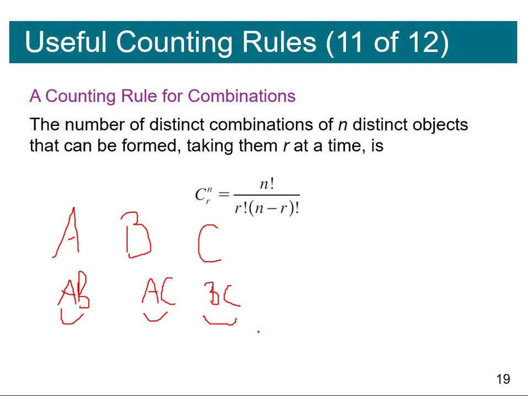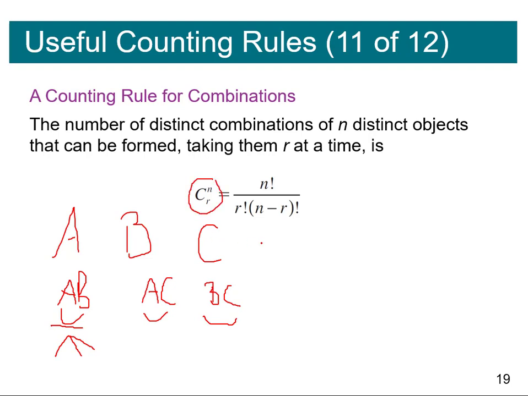In general, given any combination, if you care about permutations, you're going to be able to permute these. So for every combination there's going to be maybe 2 permutations, or maybe even more. We don't know. So there's generally going to be more permutations than there are combinations.